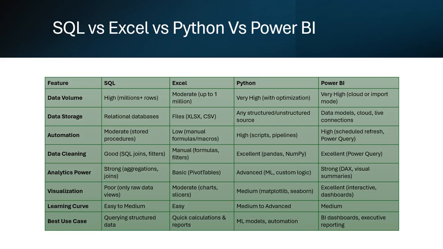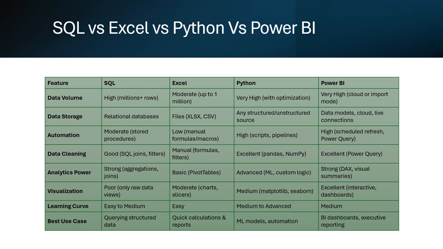Now a comparison of SQL with other data tools that we have: Excel, Python, Power BI, among other data analysis tools. We have a lot of them, so I've just singled out these four.